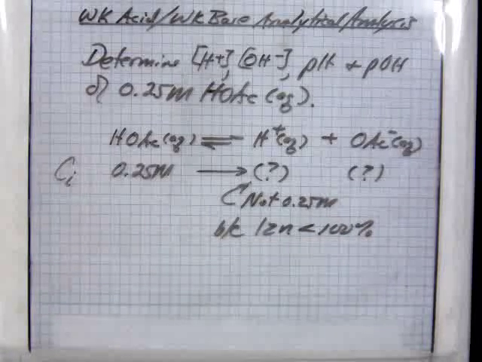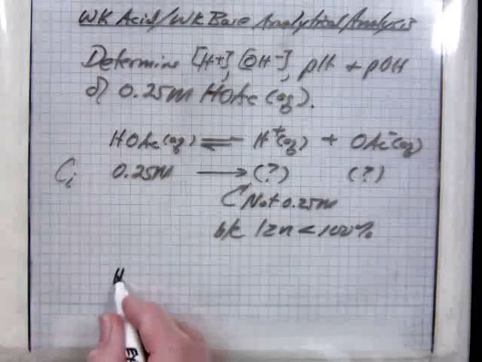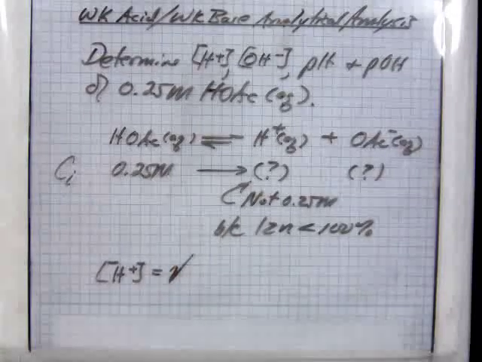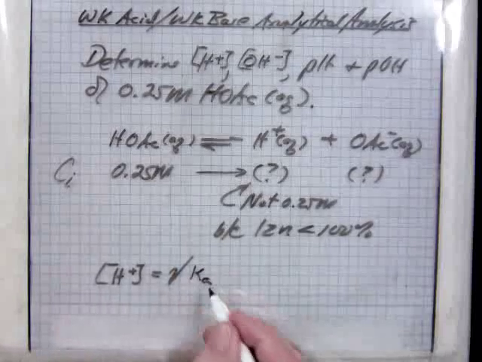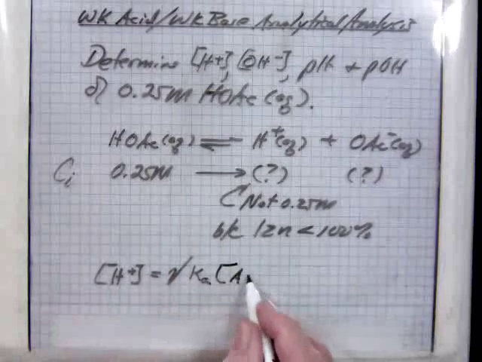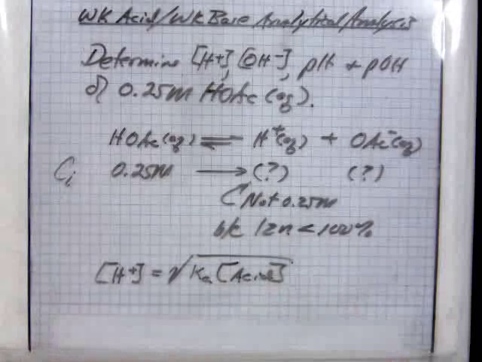So what do you have to do? Well, there's a simple formula when working with weak acids to determine the hydronium ion. Or if you're working with a weak base, there's a simple formula for determining the hydroxide ion concentration. That formula is, and we'll develop it next time when we get into the next chapter, the hydronium ion is the square root of the Ka value for the acid or base under consideration times the acid concentration, expressed in moles per liter.